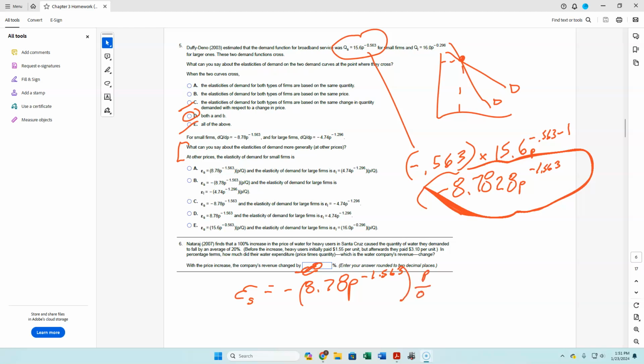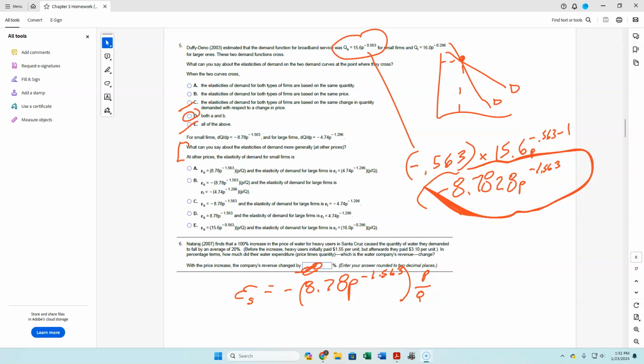Just what we see from the chapter here, it would be my first order partial derivative, negative 8.7828p to the negative 1.563 power times p over q.